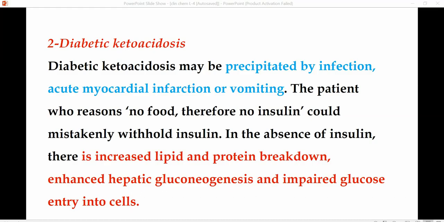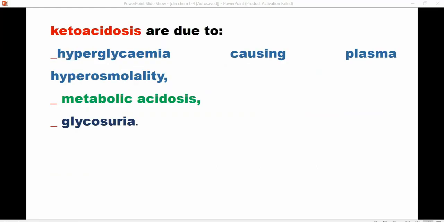Besides the impairment of glucose entrance into the cells, there would be increased production of ketone bodies as a result of increased lipolysis. The accumulation of ketone bodies would result in disturbance in acid-base balance, causing acidosis, besides glucosuria as a result of the hyperosmolality associated with hyperglycemia.